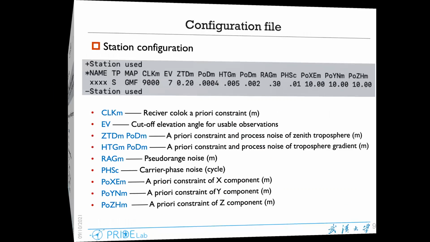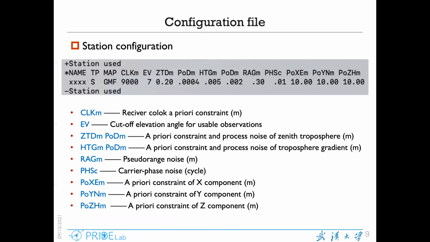All right, then we make some detailed explanations on niche options here following the GMF. For example, the first one, the CLKM, means the receiver clock a priori constraint in the unit of the meter. You don't need to change it. This just is 9 kilometers constraint. And EV means the cutoff elevation angle for usable observation. So we have a cutoff elevation here again. This cutoff elevation is different from the previous one for ambiguities.